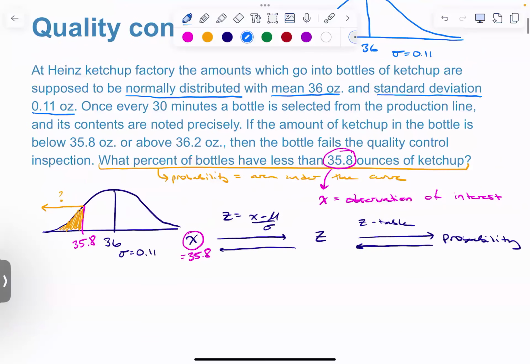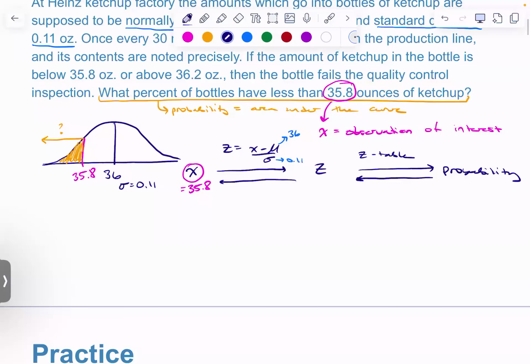From the question, we were told that mu is 36 and sigma was 0.11. So we can calculate Z. Now we standardize this. You don't need this, I just want to show you where we are in the path. Eventually, we're going to end up here. Got a ways to go. It's kind of like a progress bar for your work.